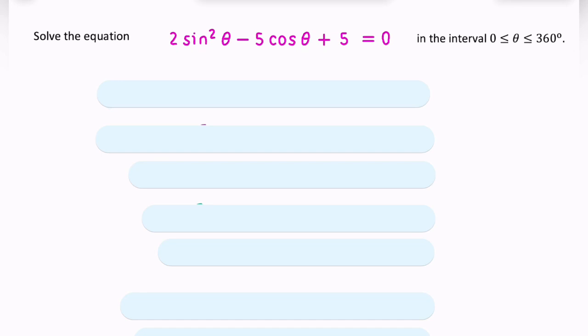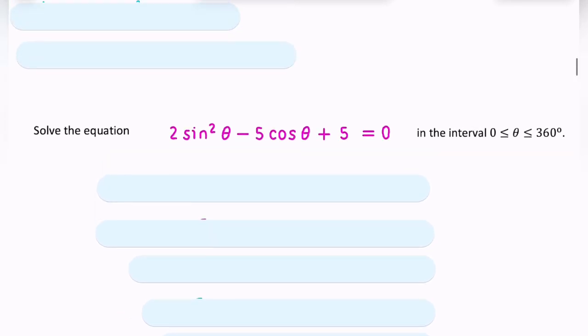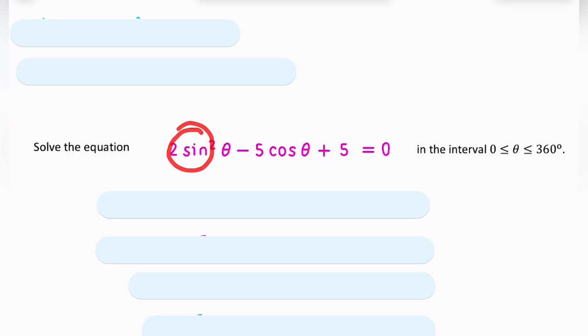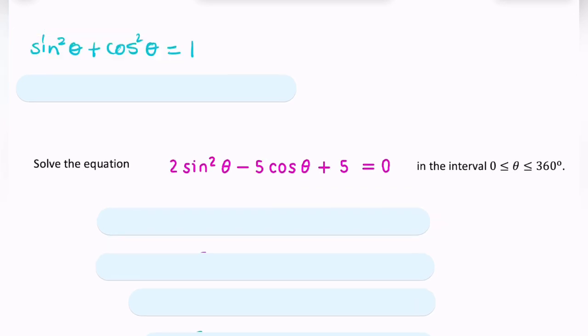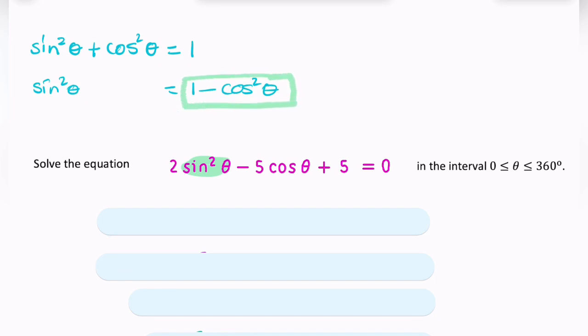So we can make use of an identity that links sine and cosine, because we know that sine squared plus cosine squared gives us 1. So we can rearrange that to find sine squared in terms of cosine squared. So there I can replace sine squared with 1 minus cosine squared.